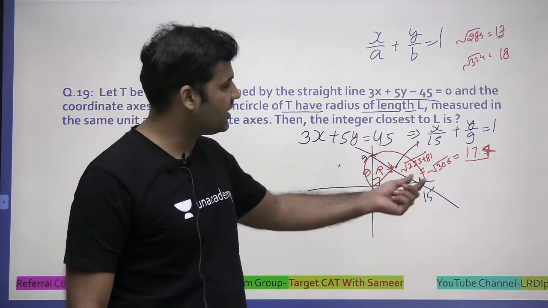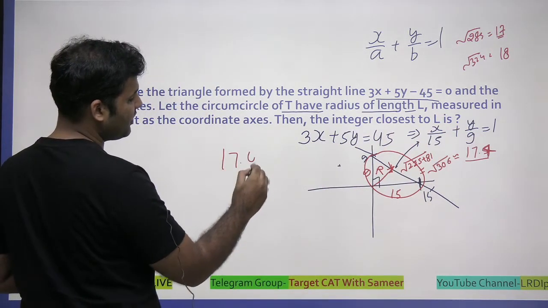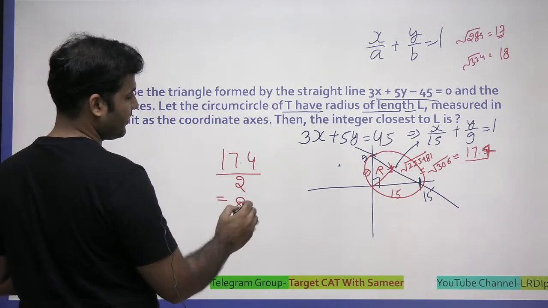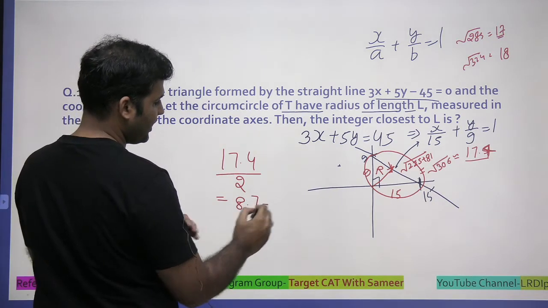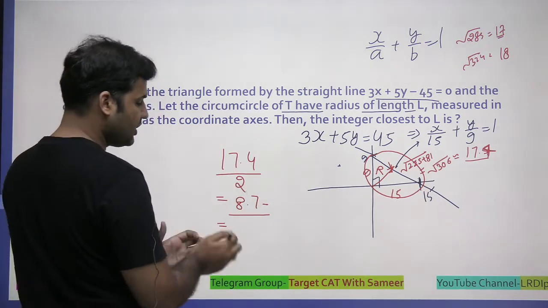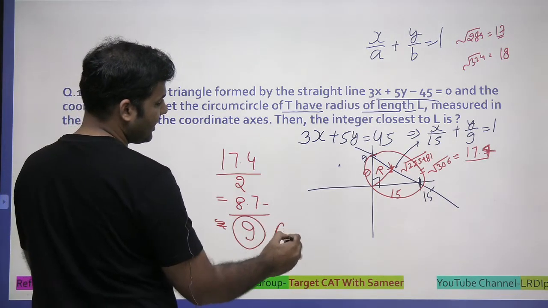So this circumradius would be half of it. Half of 17.4 will be 8.7 something. I need to find out the integer closest to this. The integer closest to this is 9, so that's my answer. That's it.